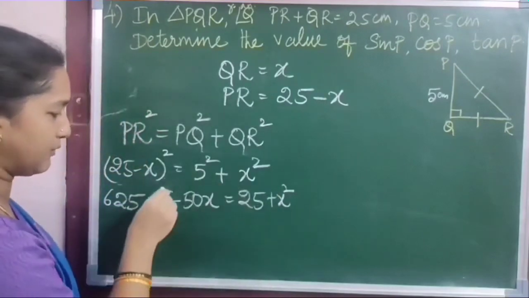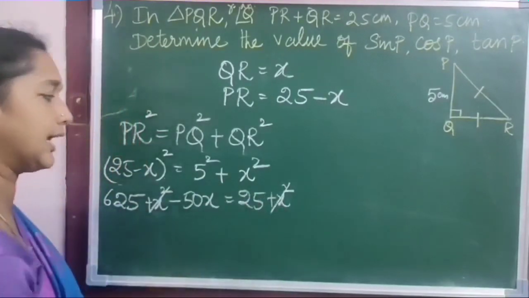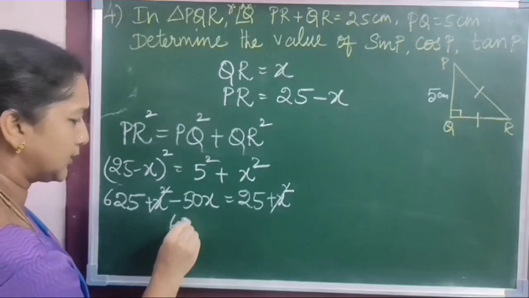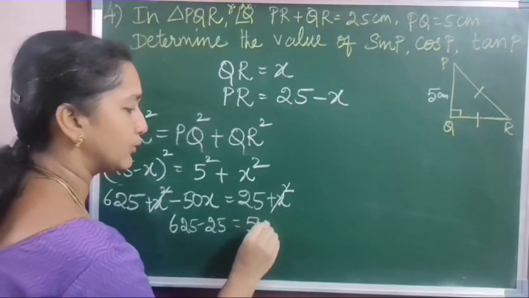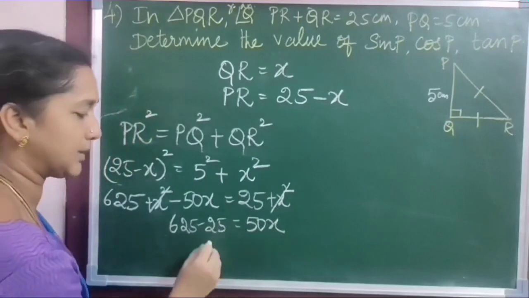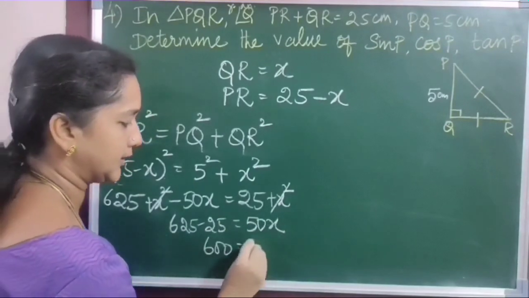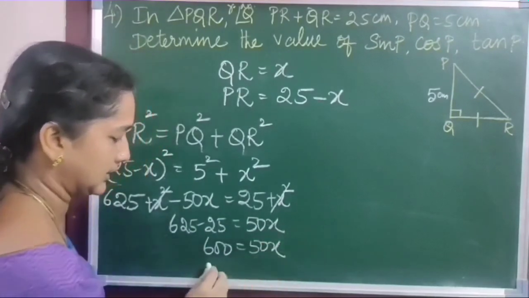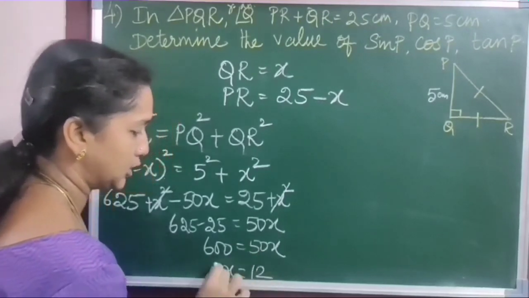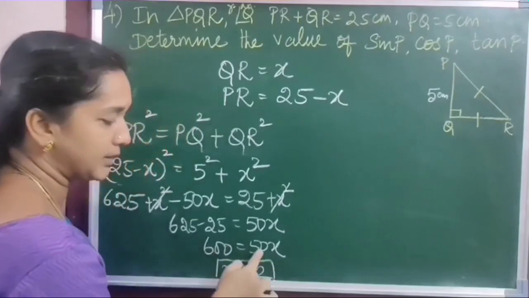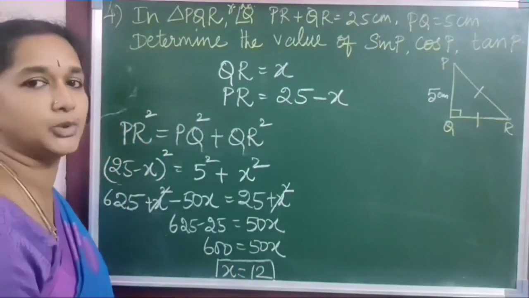When you simplify this, x squared and x squared will get cancelled. So 625 minus 25 is equal to 50x. 625 minus 25 is 600. 600 by 50x. 600 divided by 50 is 12. So your x value is 12.